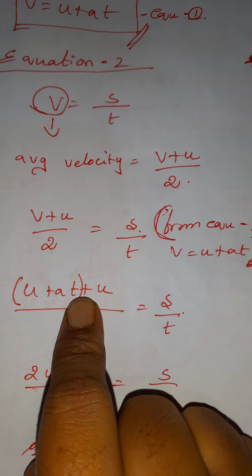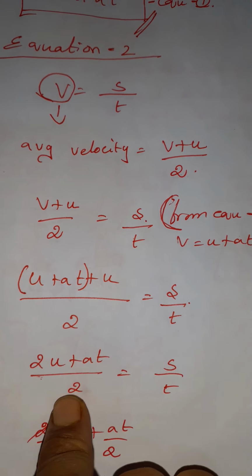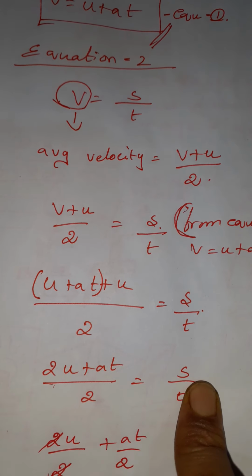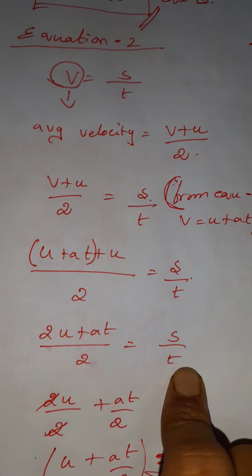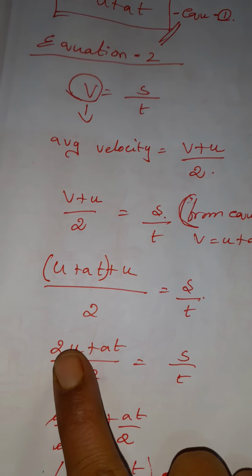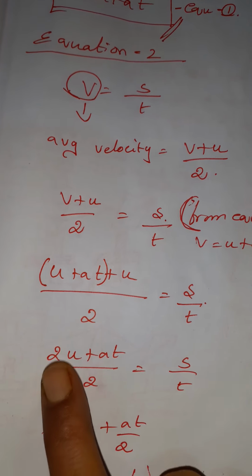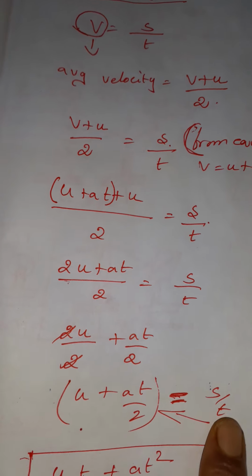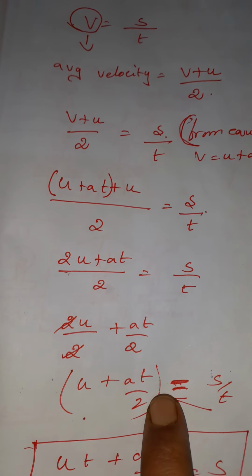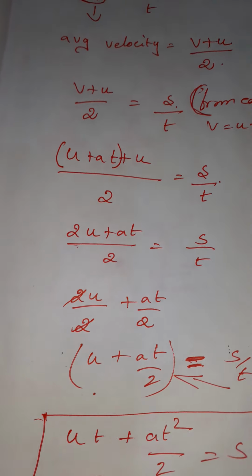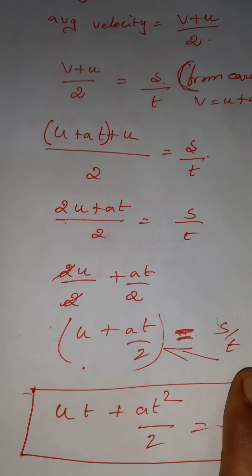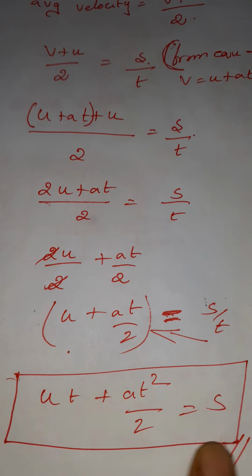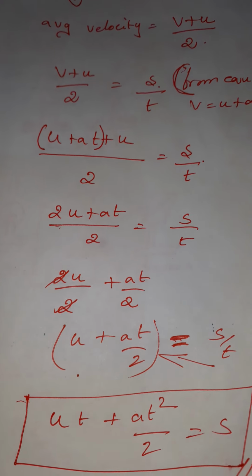So substituting U plus AT plus U. Then in the next simplification you will get 2U plus AT by 2 is equal to displacement by time. Then separating the equation, 2U by 2 plus AT by 2. 2 and 2 will get cancelled. U plus AT by 2 is equal to displacement by time. Cross multiplying the T. U into T you will get UT. AT by 2 into T you will get AT square by 2. That is your displacement. This is your second equation of motion.